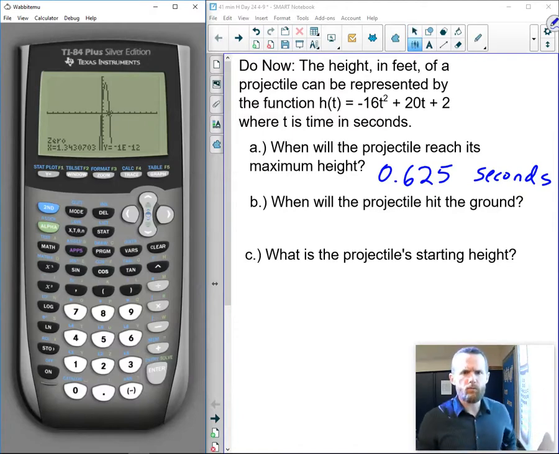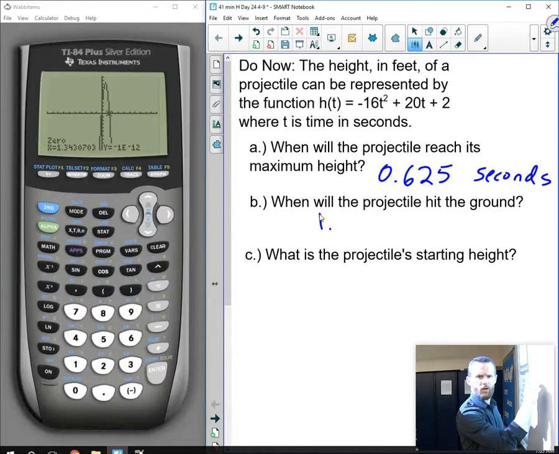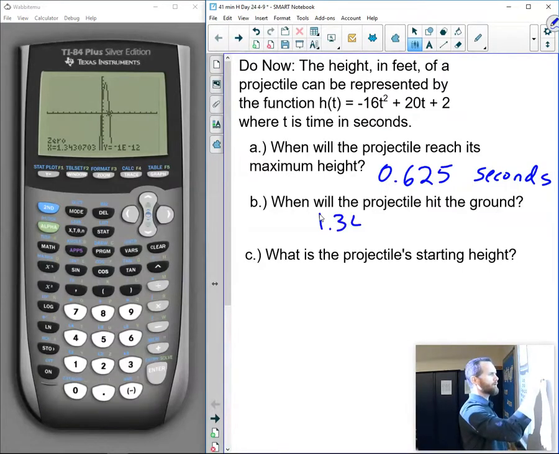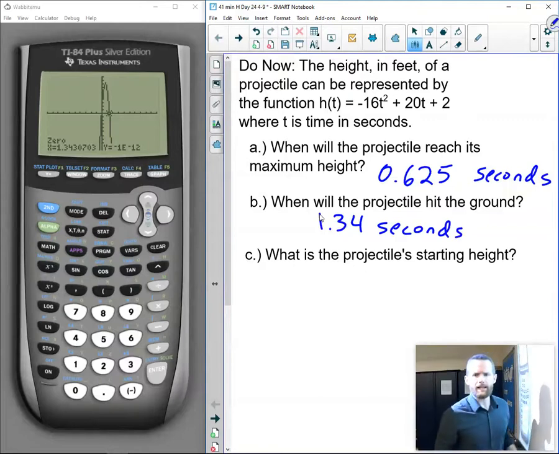And then it gives us 1.34 seconds and negative 1 e negative 12. Remember, anytime it says e and a negative number, that means 0. So the y value is essentially 0. So again, it's asking for when it will hit the ground. That's the x value. So that will be after 1.34 seconds.